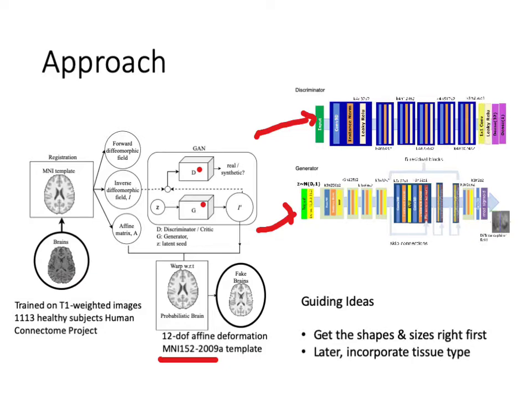And then our generator would create new instances of deformation which match the statistical properties of the training data set, and then deform the standard brain back to generate synthetic images. And the guiding idea behind this approach is to get the shape and the sizes of brains that we generate correct before solving the problem of trying to vary the tissue type.